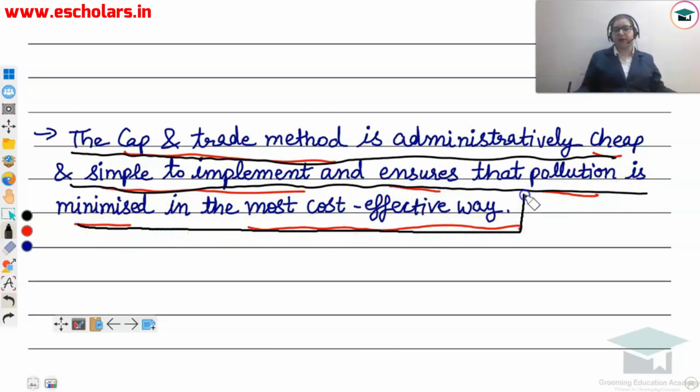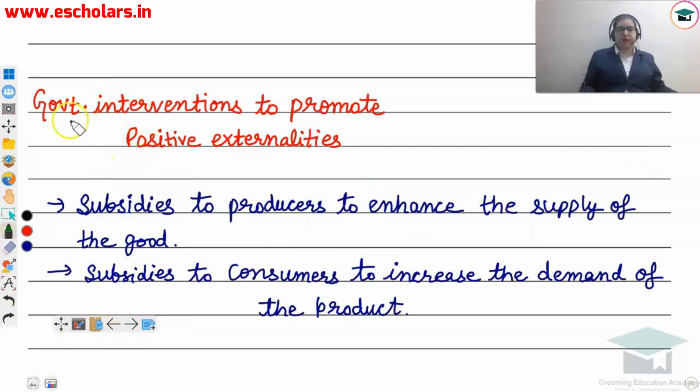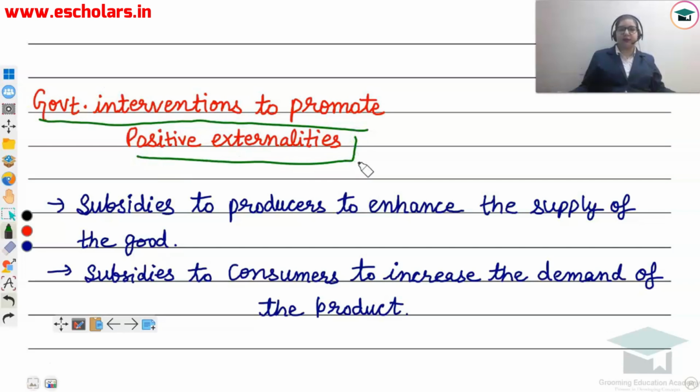Now students, we will talk about the government interventions to promote positive externalities, that is, steps taken by the government in order to promote the positive externalities. Subsidies are provided to the producers to enhance the supply of the good which generates the positive externalities.